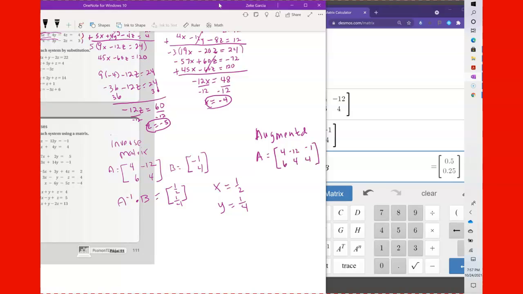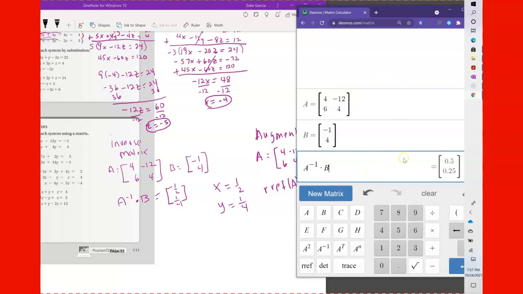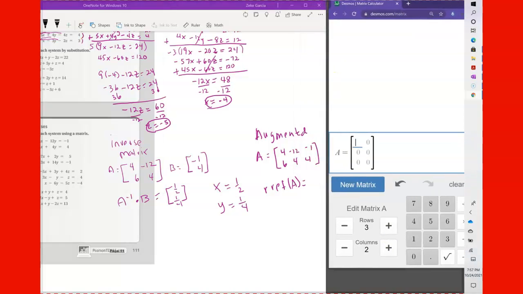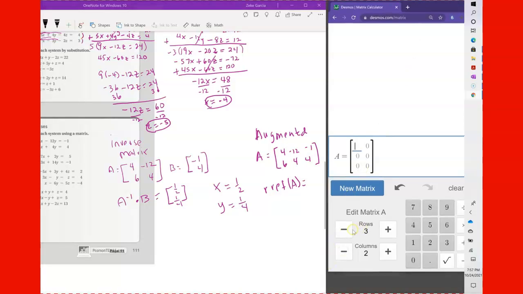And that will tell us also if we got the same answer, okay? So we're going to go over here, and I'm going to clear everything, and I'm going to type in A, new matrix A, 3 rows. I apologize, not 3 rows. It's going to be 2 rows, 3 columns.